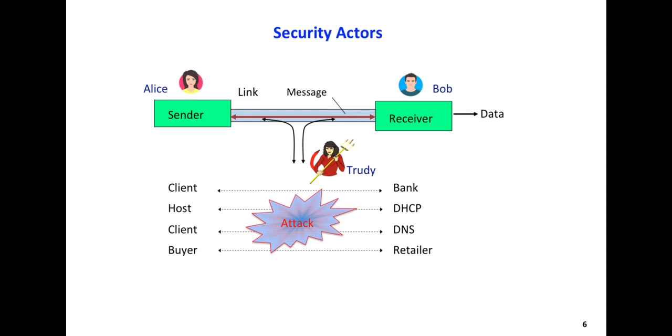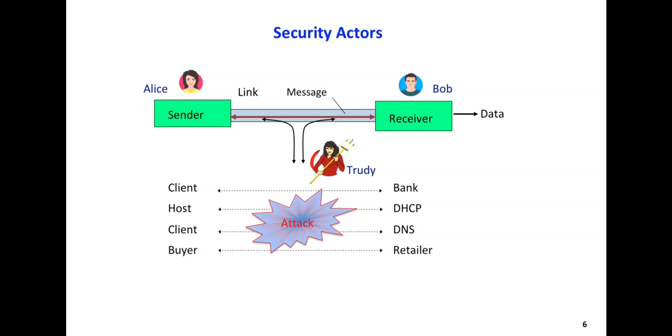The attacker could hijack the session, and so Trudy can hijack the session, for instance, and talk to Bob as if she was Alice, and say things that will spoil the relationship between Alice and Bob. Or the attacker could launch a DoS attack, a denial of service attack, so that she makes sure that Bob's system is so busy that the sender, Alice, is not able to communicate with Bob.